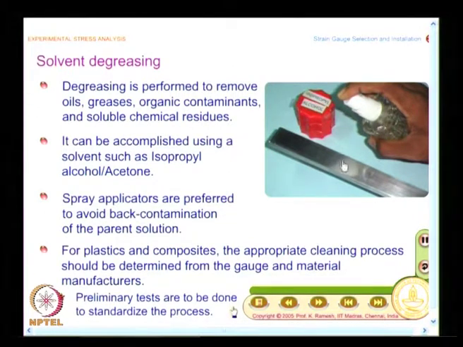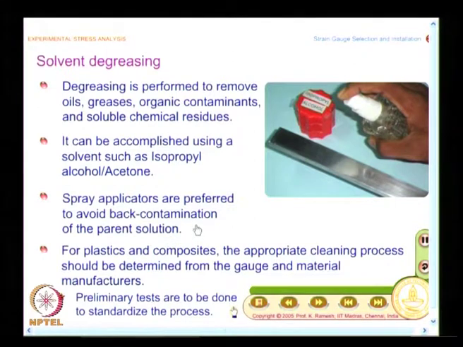So, if you spray the cleaning liquid, the parent liquid is not contaminated. Though it is a simple step, attention to detail is very important. So, you can do the cleaning with isopropyl alcohol or acetone, and as I mentioned earlier, spray applicators are preferred to avoid back contamination of the parent solution.